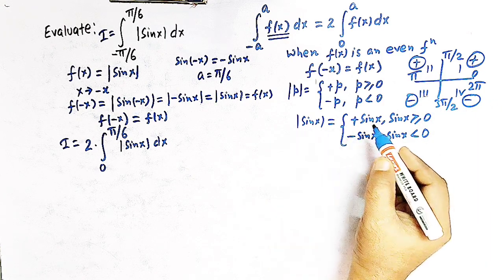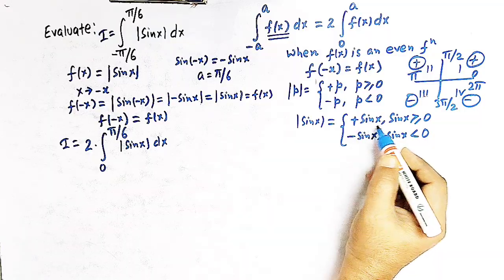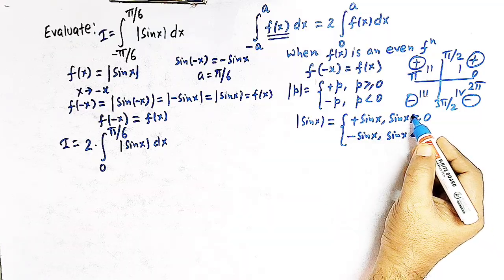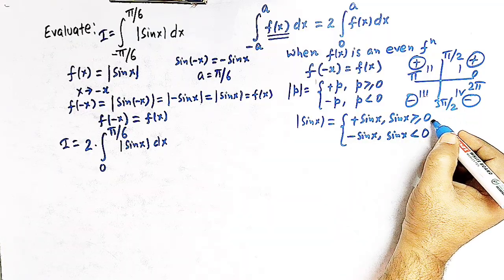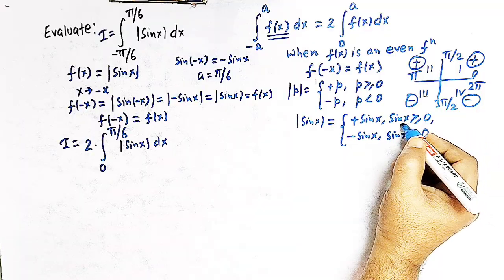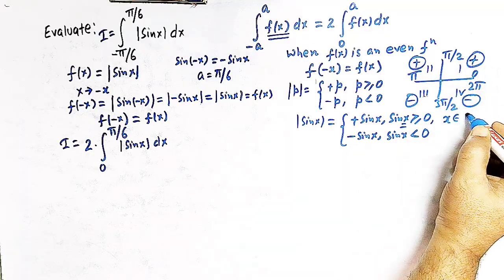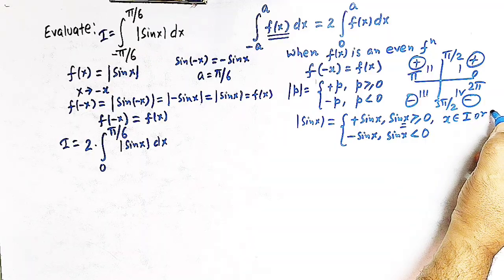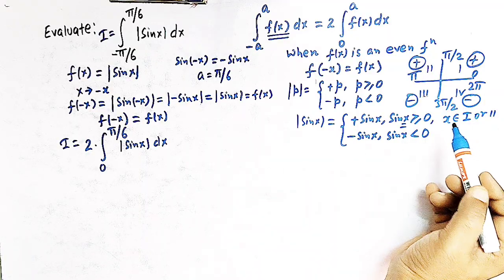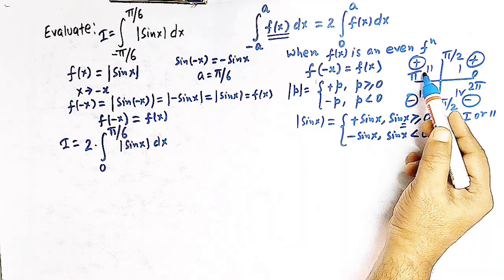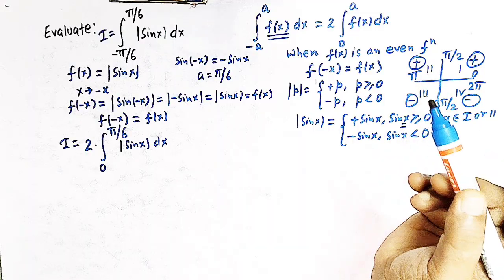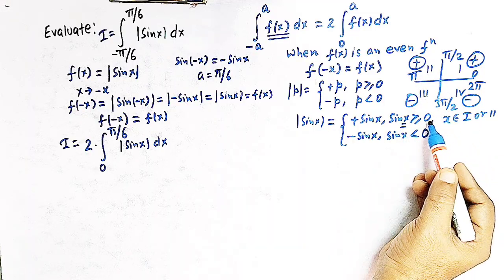So mod of sin x is equal to positive sin x whenever sin x is greater than or equal to 0. So this implies that x belongs to either the first quadrant or the second quadrant, right? Because in the first and second quadrant the sine function is greater than 0.